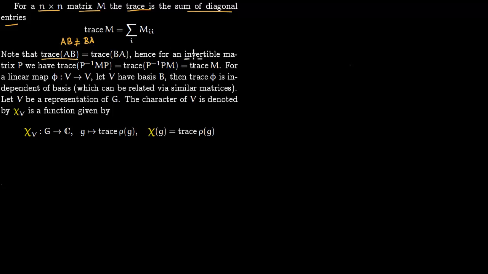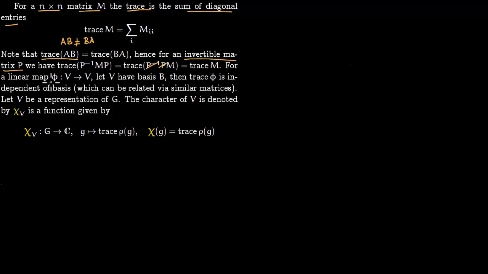This is important because now you can have an invertible matrix P, and trace of P inverse MP is equal to, now you can commute these two, this P can go here, these two will cancel out, giving you the identity matrix, so it is trace of M. So M and P inverse MP are similar matrices because they're related like this. For similar matrices, you have the same trace.